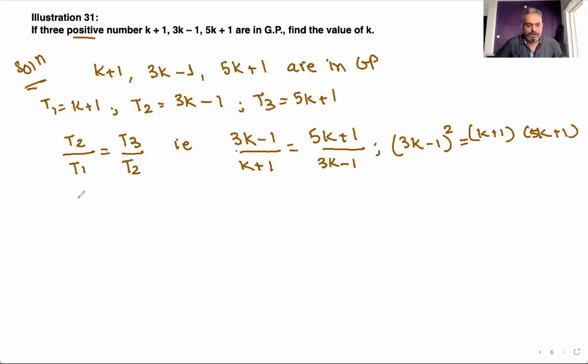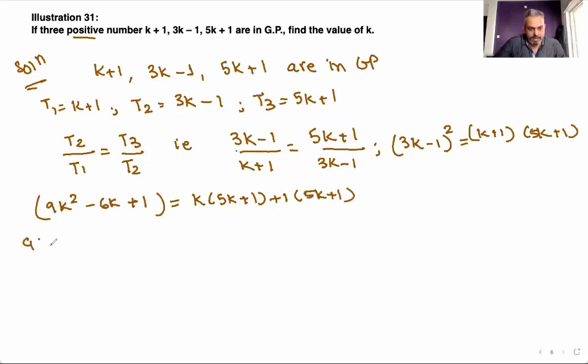Now let's expand this. 3k minus 1 the whole square is 9k square minus 3 2s are 6k plus 1, which is equal to k in the bracket 5k plus 1, plus 5k plus 1.